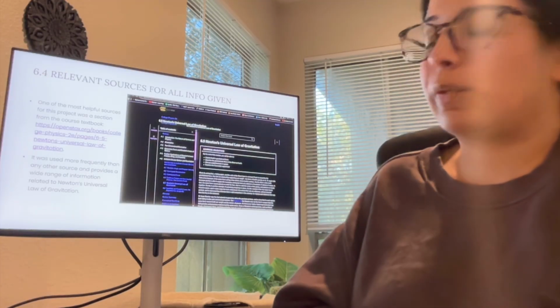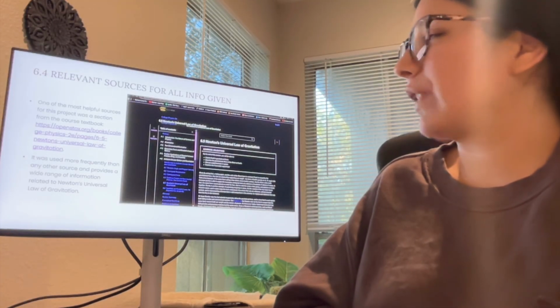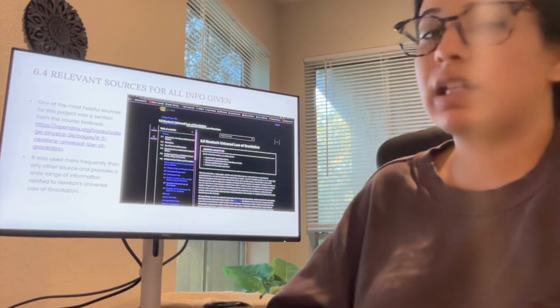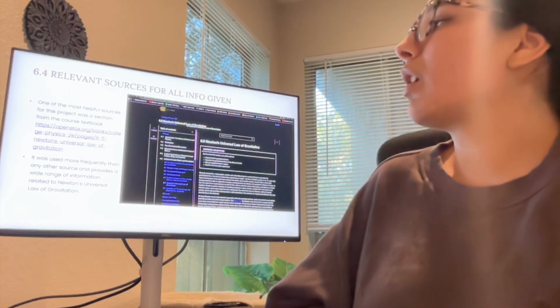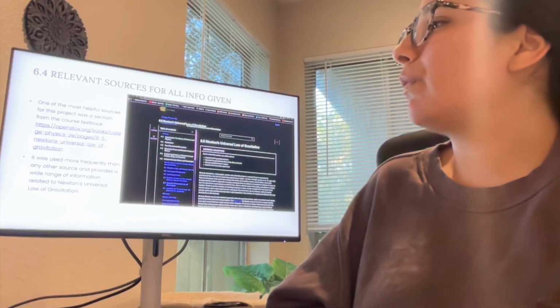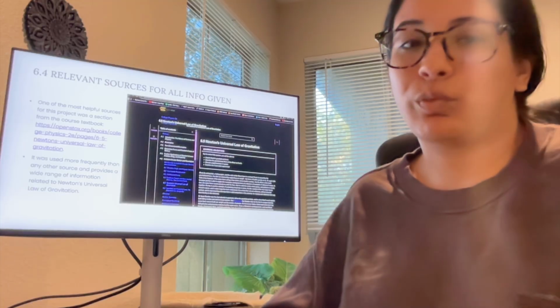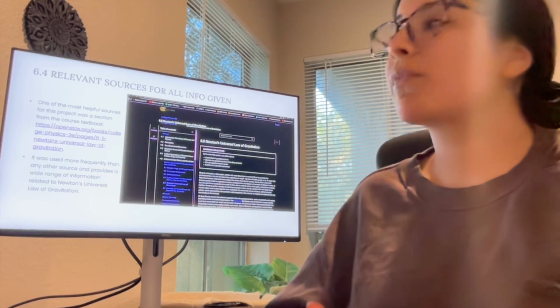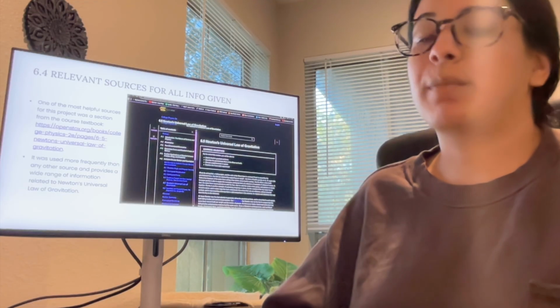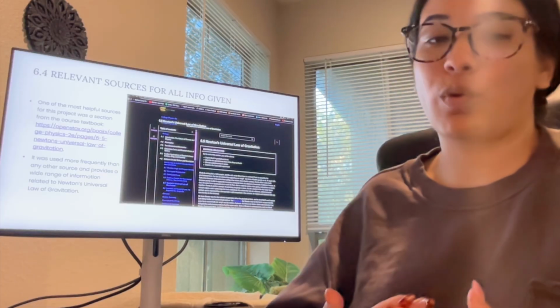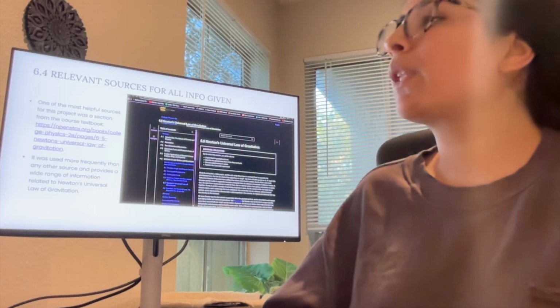It was used more frequently than any other source and provides a wide range of information related to the law. It was super helpful because it explained both the formula and real world applications. And it also provided examples that helped reinforce my understanding.